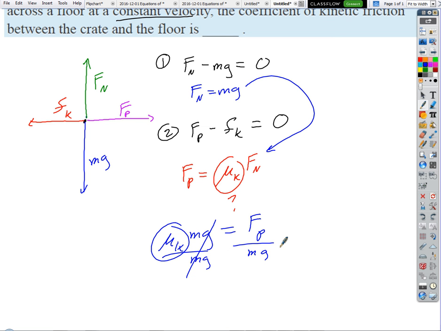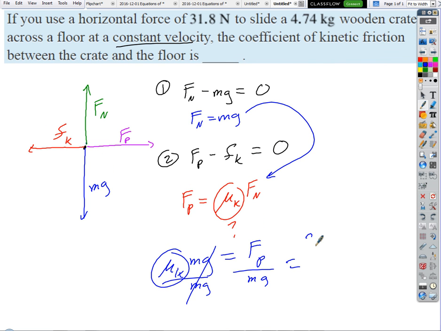Would it be a good idea to turn that into a percentage almost, like 6%? You kind of could in this specific situation, yeah. So let's get an answer and then we'll talk about that. So if we plug in our values, we're just going to get 31.8 newtons divided by 4.74 times g.